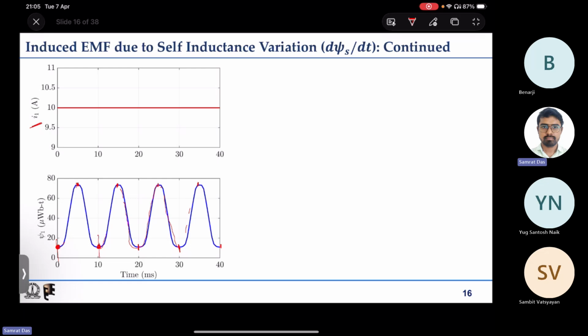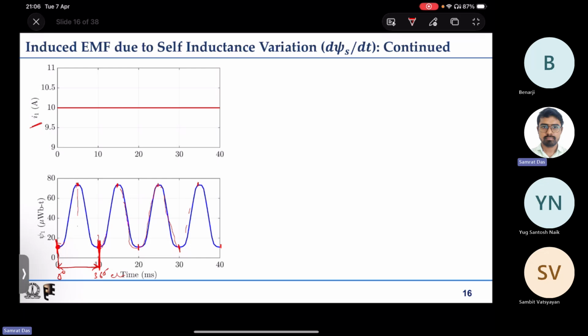So in 360 degrees of rotor rotation, you can see that in the flux linkage there are 4 cycles completed. If we try to define electrical angles, then whatever the period is electrically, this duration will be 0 to 360 degrees electrical.